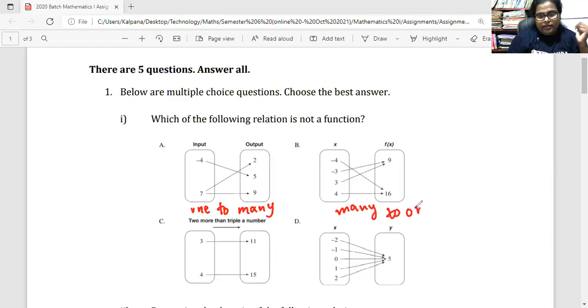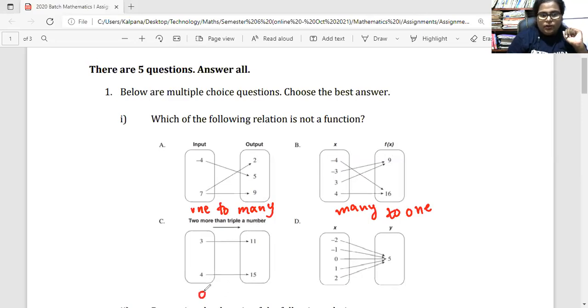In part B, because these -4 and +4 match to the 16, and as well -3 and +3 match to this 9 also, right? So in here you can see the 7 plotted to the 2 and 9 as well. So we can conclude that this relation is a one-to-many relation.